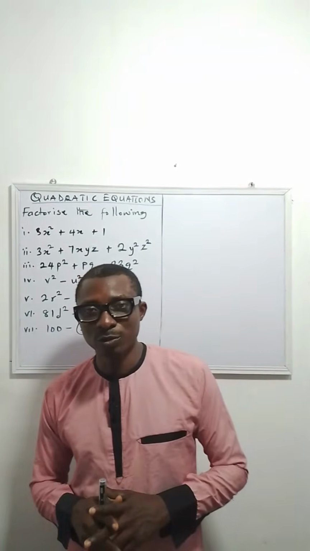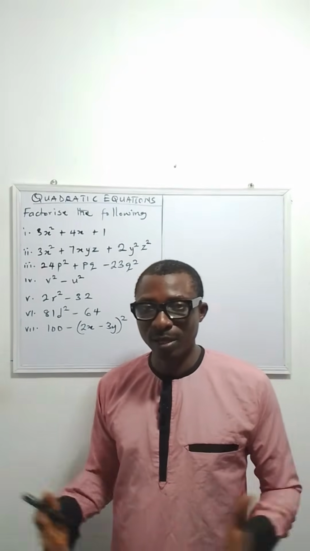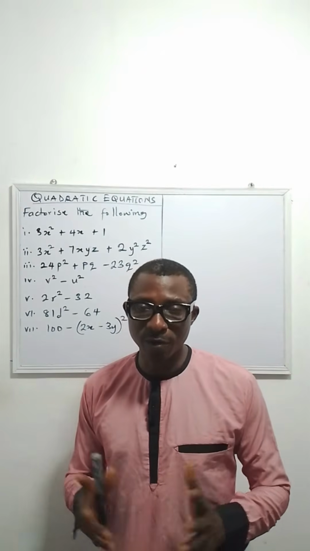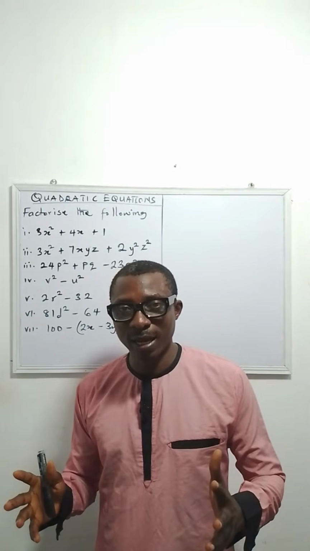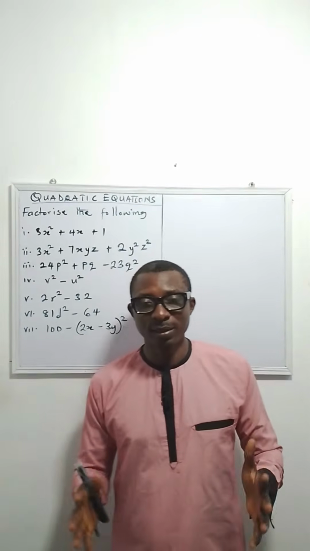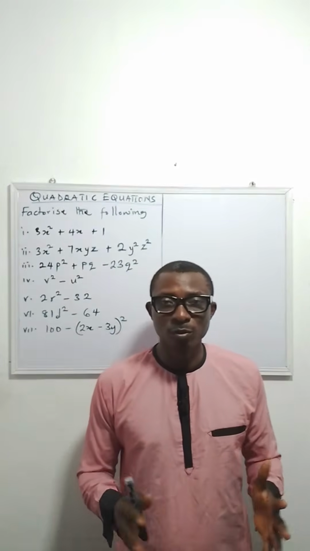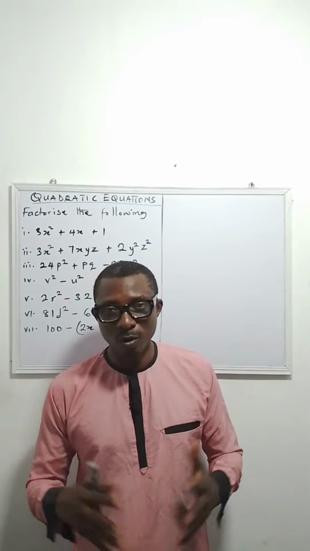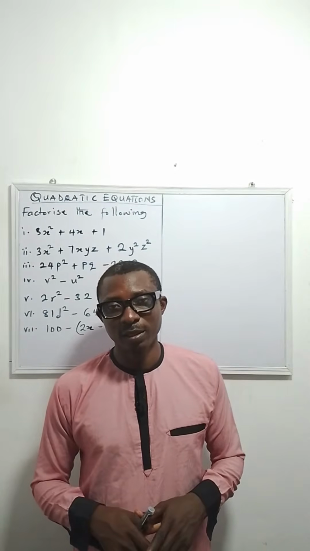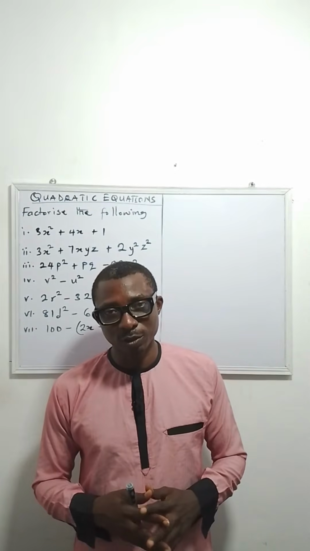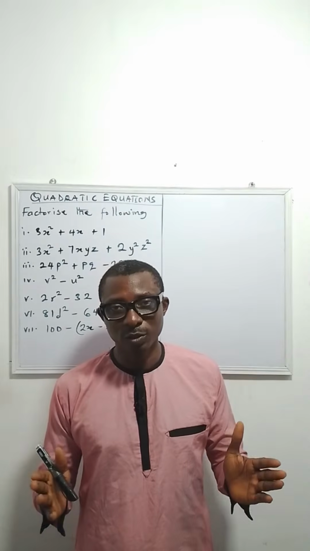Now we want to learn how to factorize quadratic expressions. Don't forget that I told you in the last class that a quadratic expression is a polynomial of order 2, or a mathematical expression in which the maximum power of the unknown is 2.